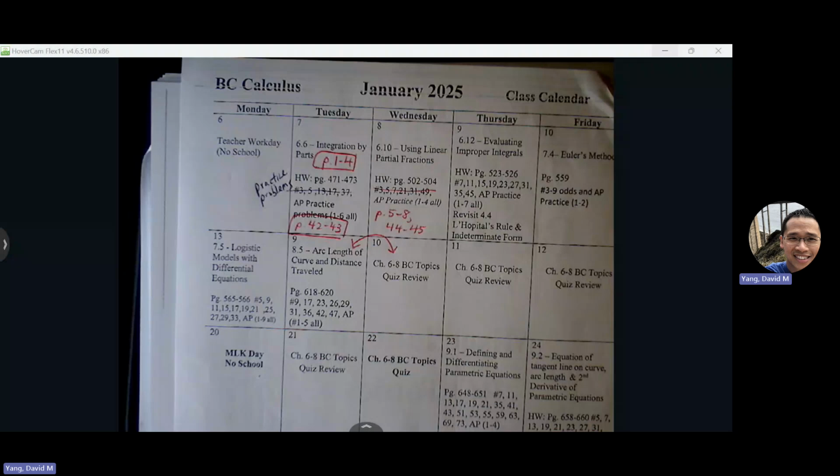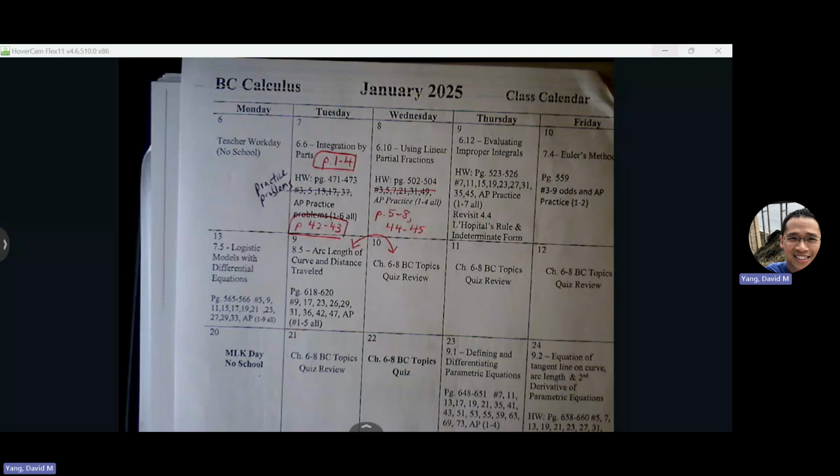Okay, guys, let me go over the calendar here, just to give you an idea what this week looks like. So we did Euler's method over the Teams lesson virtually on Friday. And this will be what you'll be working on for tonight's homework to show for tomorrow.